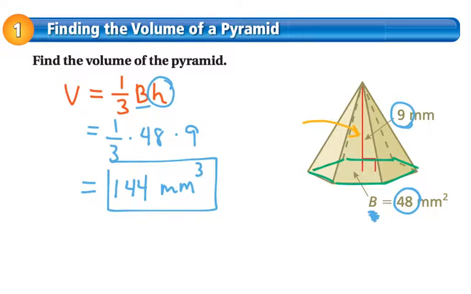So if you run across any pyramids that have a base that is a pentagon, a hexagon, an octagon, or any other polygon that has more sides than what we're comfortable dealing with, it's likely that they're going to give you this scenario where they just provide the area. In our next example, we're going to have to go ahead and find the area of the base, or capital B.